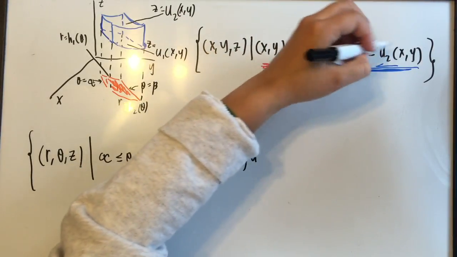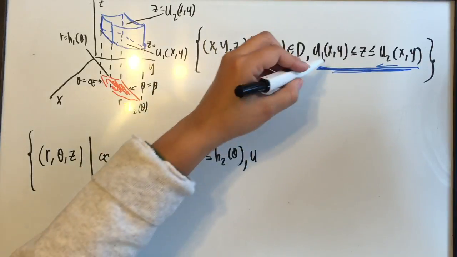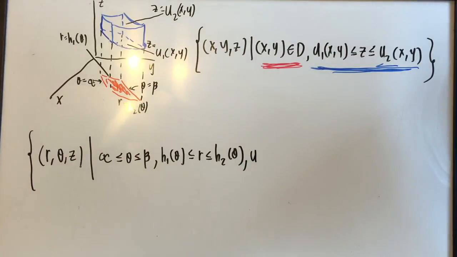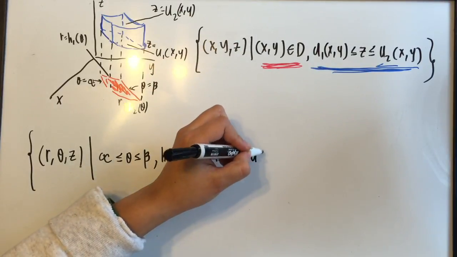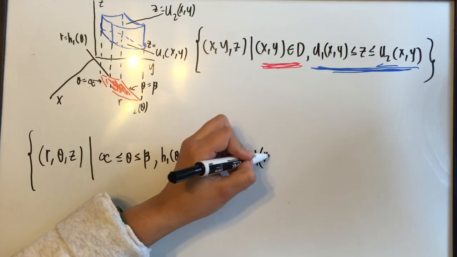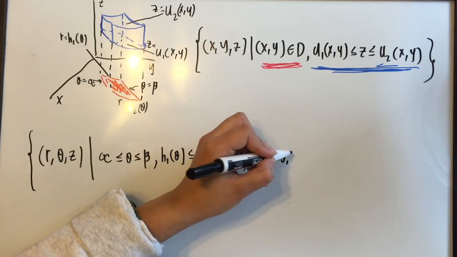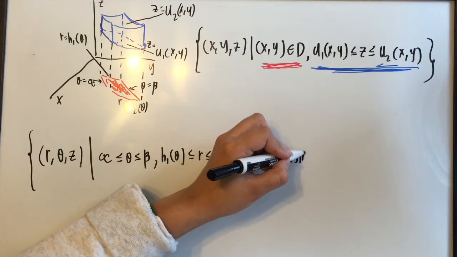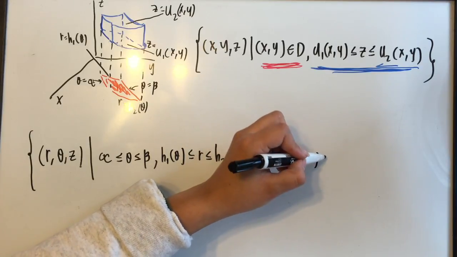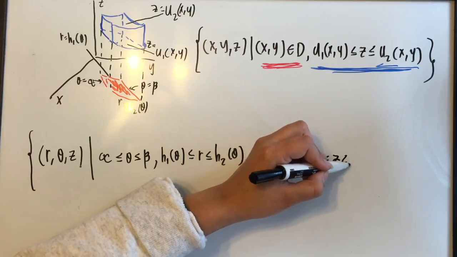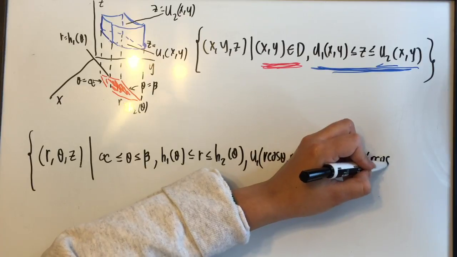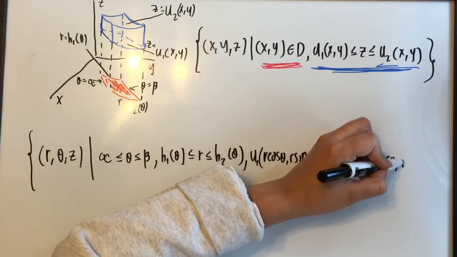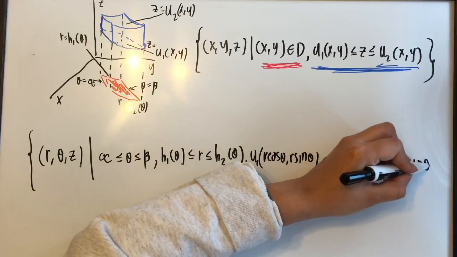Our boundaries for z are going to be the same, except now we're going to put them into polar coordinates. So our x and our y, remember, our x is r cosine theta, and our y is r sine theta. Right, and then the same thing here, r cosine theta, r sine theta.